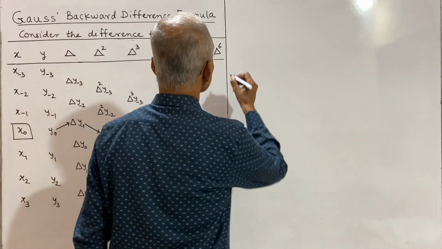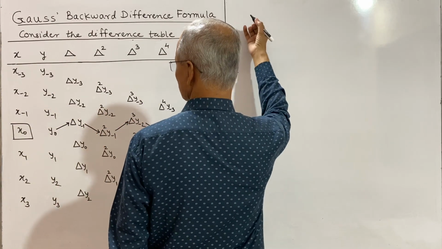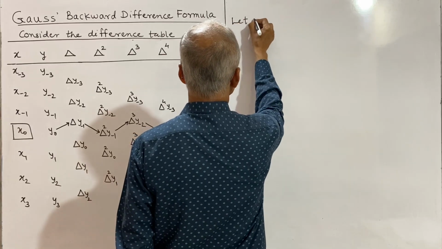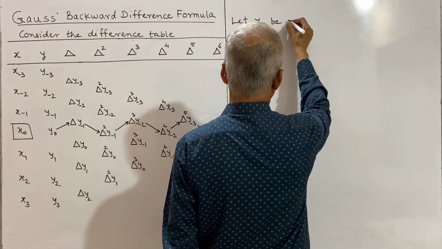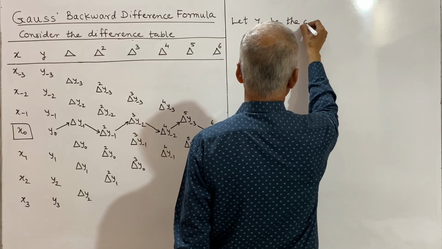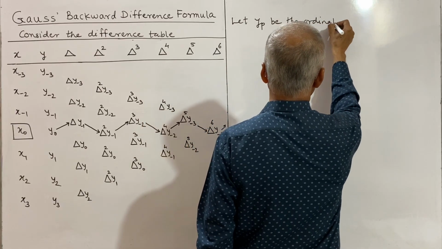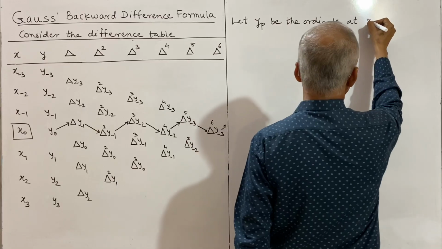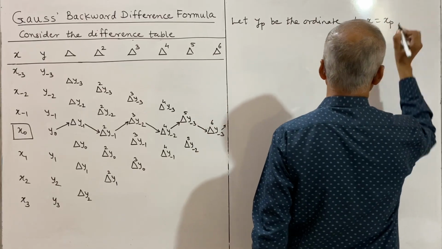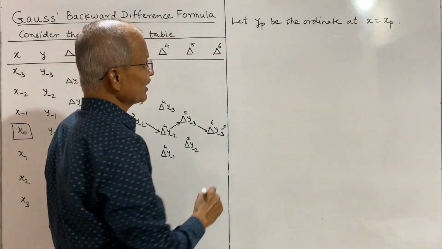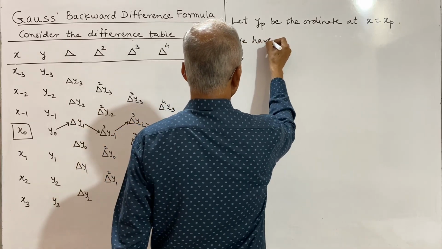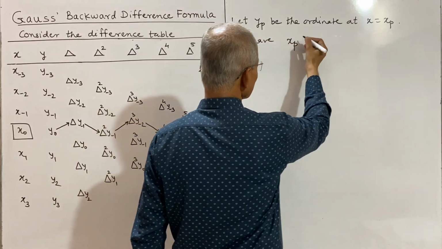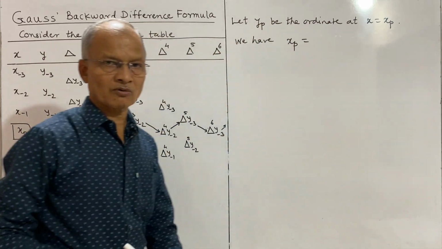So let yp be the value of y, or the ordinate, at x equal to xp, where xp is the same as in Gauss forward difference formula.